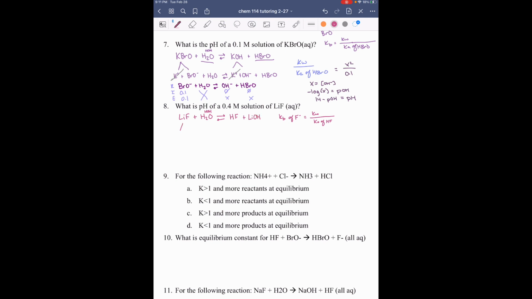And then we're going to split this, keep this together because it's water, keep this together because it's a weak acid, split this because it is a strong base, and we're going to have Li plus, and this one's got to split because it is a strong electrolyte, plus H2O yields HF plus Li plus OH minus. Cancels out the same on both sides.